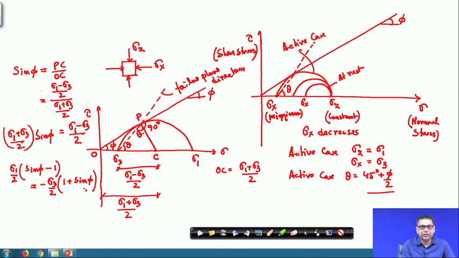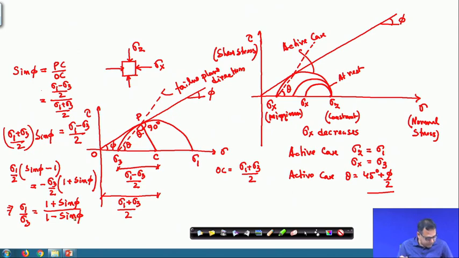So, I am just separating sigma 1 divided by 2 and sigma 3 divided by 2 from this equation. So, I can write sigma 1 divided by sigma 3 will be equal to, because here it is minus, 1 plus sin phi divided by 1 minus sin phi. So, sigma 1 divided by sigma 3 will be 1 plus sin phi divided by 1 minus sin phi.